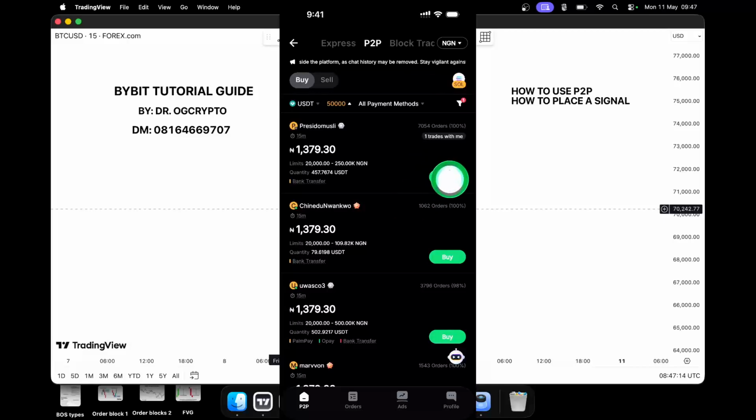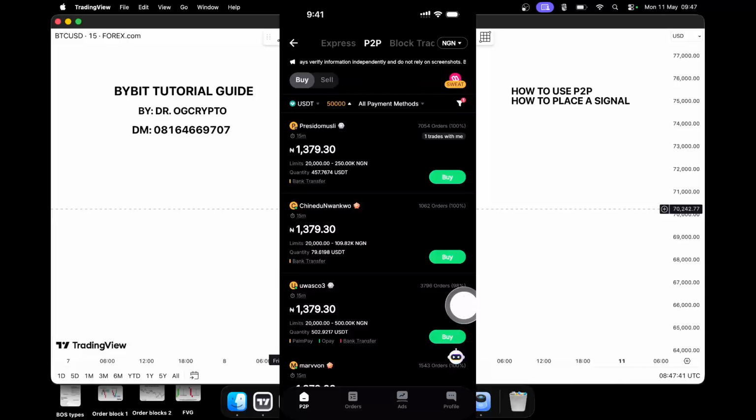You can buy from this person, he is reliable, in the sense that you can buy USDT at the rate of 1,379 from him, and he has completed 7,000 orders and is still at a 100% rate. This person is even more trustworthy than the other, because this person has a 100% completion rate, whereas this person has a 98% completion rate.